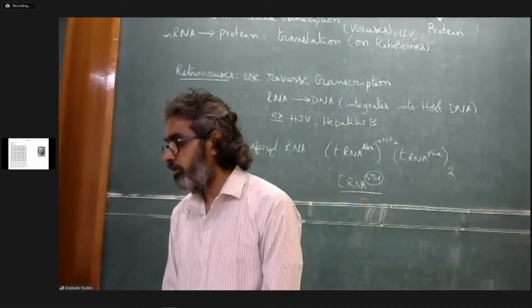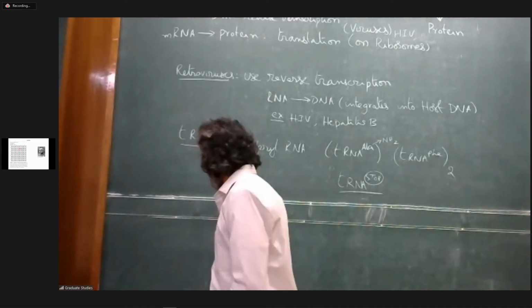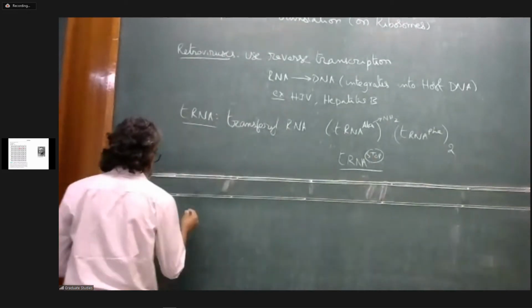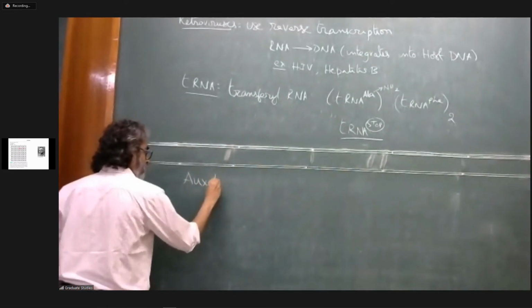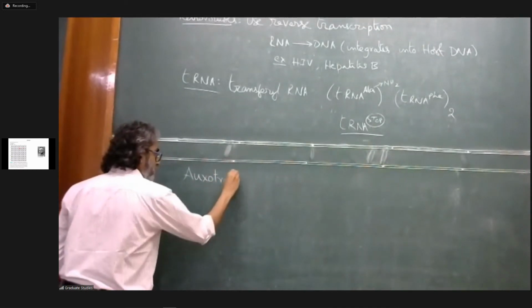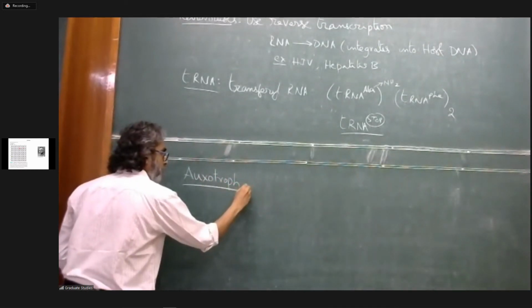So there are cell lines, what are called orthogonal systems.